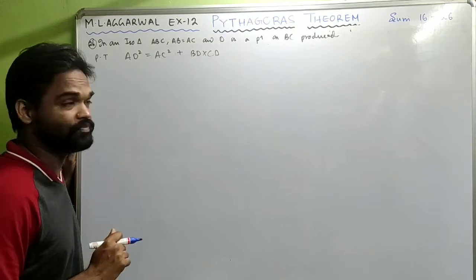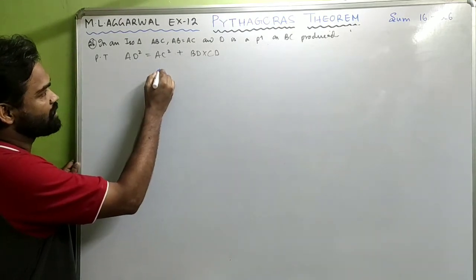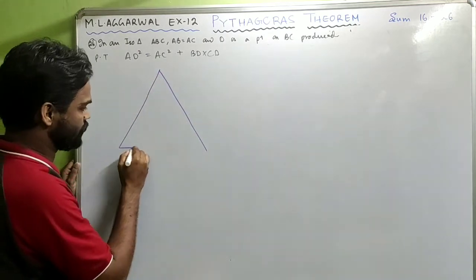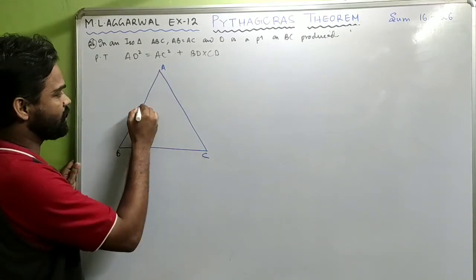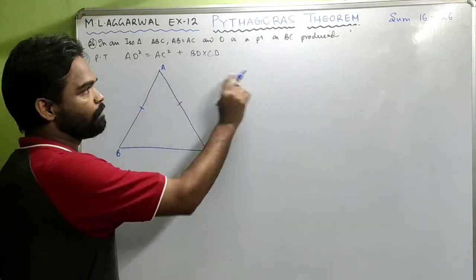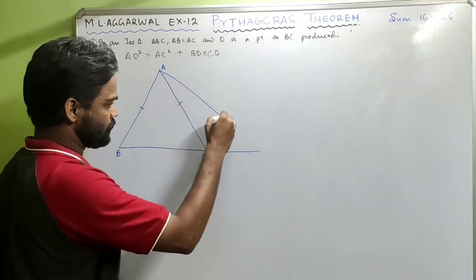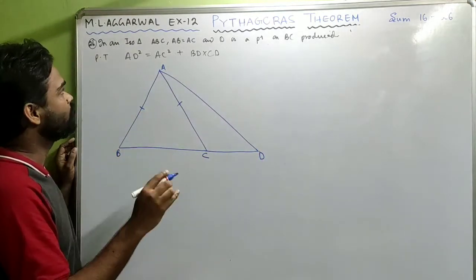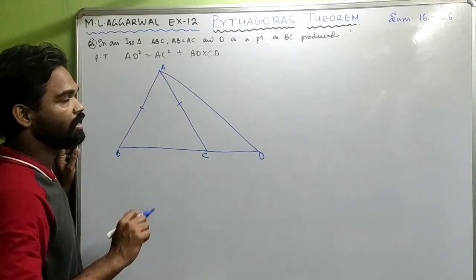Now let us see the last sum. Now look at the last sum for this exercise, 26. In an isosceles triangle ABC, AB equals AC. So I'll draw an isosceles triangle. A, B, C, such that AB is equal to AC. And D is a point on BC produced. So I'll produce BC, and this is your point D. Prove that AD square is equal to AC square plus BD multiplied by CD.